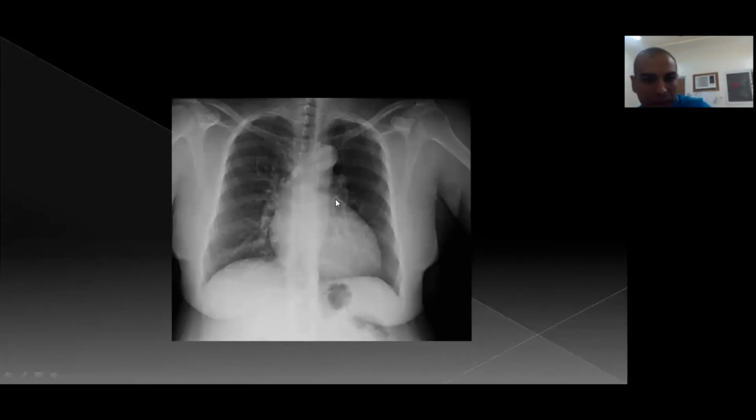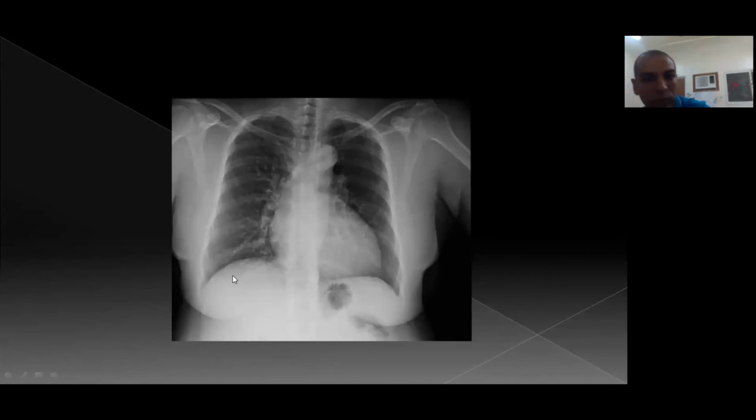Here we can see this one is a little bit more translucent than this right hemithorax. Is it technical? No, it's not technical. The trachea is centralized between the two clavicles. Look at the pulmonary vasculature. You will see here the pulmonary vasculature is attenuated more than this one.